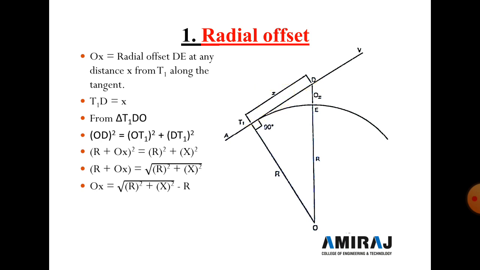So from the triangle T1DO, OD square is equal to OT1 square plus DT1 square. Clear? So OD is equal to R plus OX. So (R plus OX) square is OT1 square plus DT1 square, where OT1 is the radius of curvature, simply R square, and DT1 is small x square.